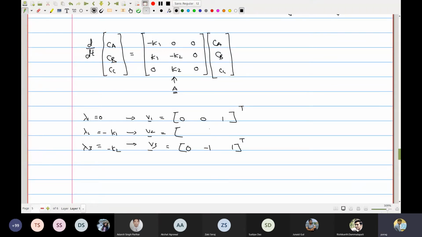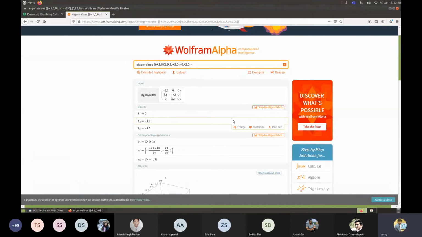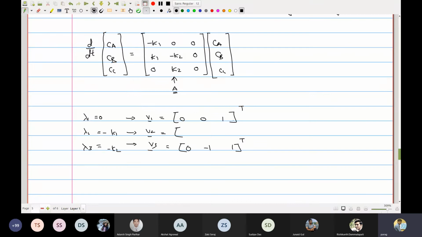And the second one is a little complicated: (K1 minus K2) upon K2, minus K1 by K2, and finally 1. No, this one's fine. These are elements.